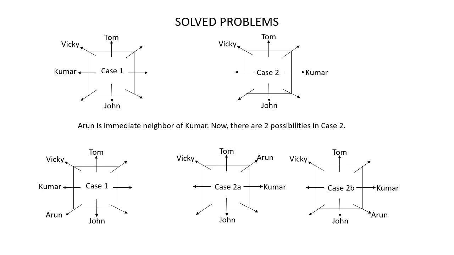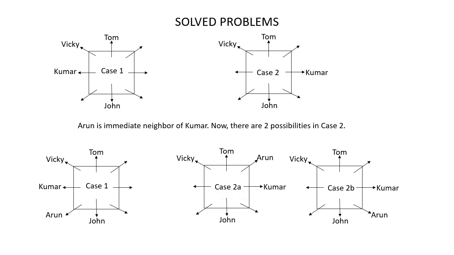In case 2, the immediate neighbors of Kumar are this person and this person. So now we have two positions where Arun can sit. Arun can sit either here or here. So now we have two possibilities in case 2. Supposing Arun sits here as the immediate neighbor of Kumar, that will be case 2a.